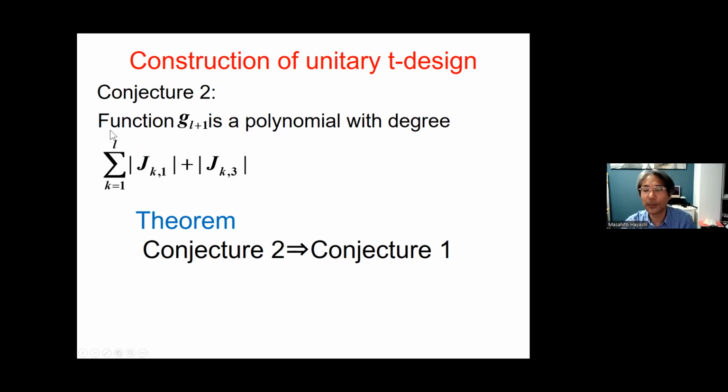If we can prove this conjecture, then we can prove conjecture 1. Because in order to prove conjecture 1, the problem essentially reduces to this conjecture 2. To prove conjecture 1, you need to discuss each matrix component. Each matrix component corresponds to this function. So in this way, it is enough to prove conjecture 2. So now we have a problem. How can we determine whether this conjecture 2 is true or not?